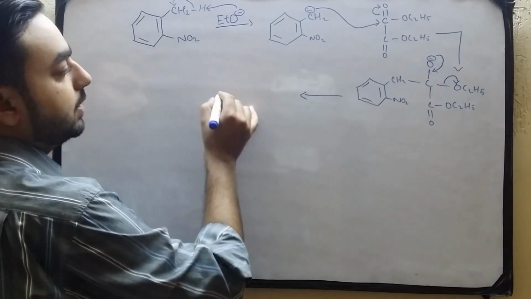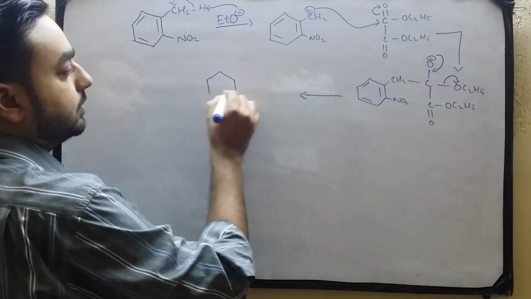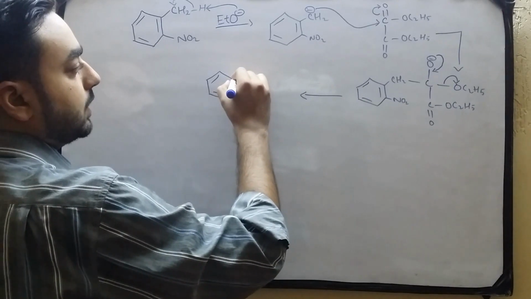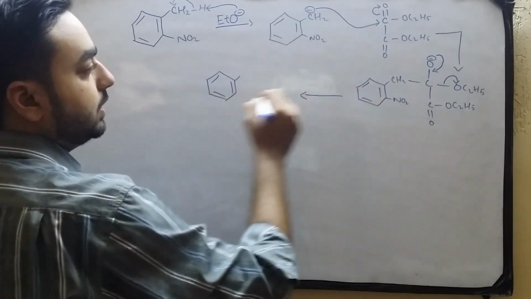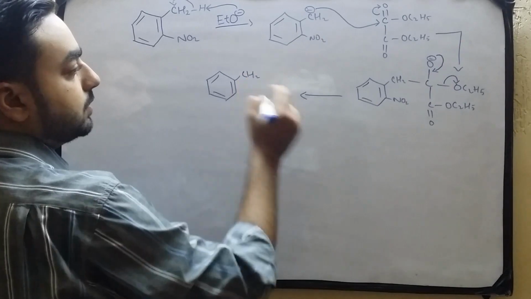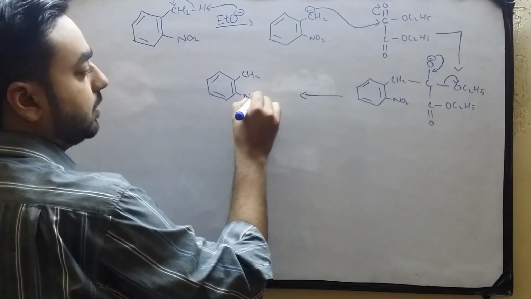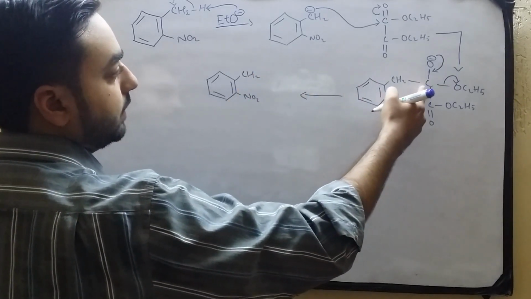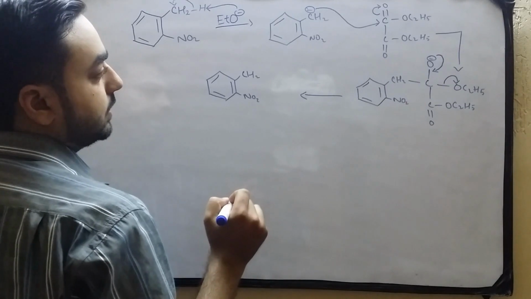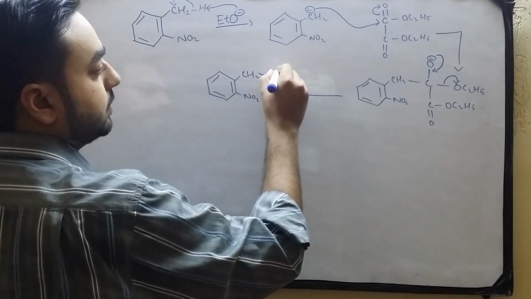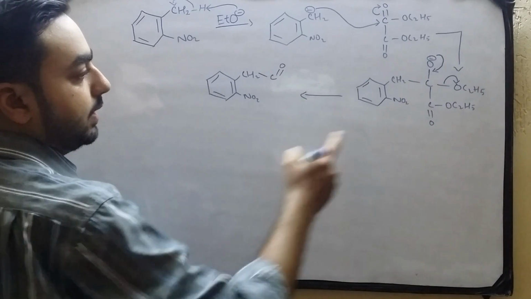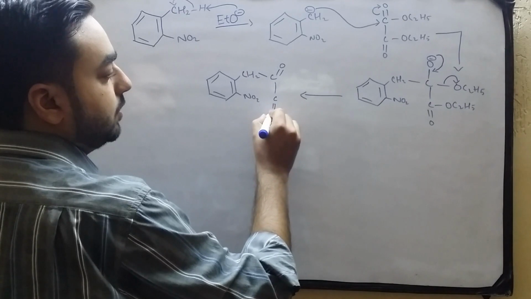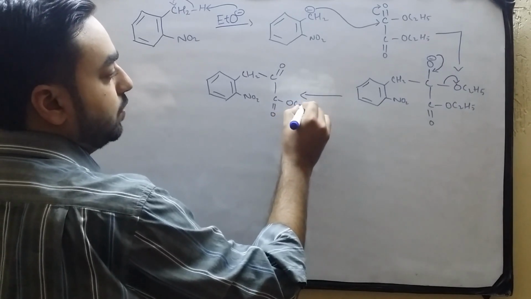You can see here this CH2, this nitro group, and this carbon with a double bond with this oxygen, and the remaining part will be written as it is, C double bond O and OC2H5.